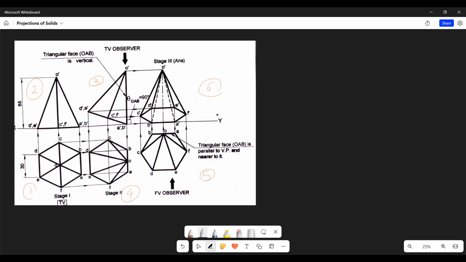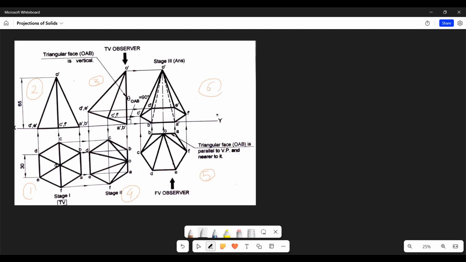Now we see a hexagon in one view and a triangle in another view. It means that it is a hexagonal pyramid. Since this is a triangle, it is a pyramid. Had it been a rectangle in the front view, we would have said that it is a hexagonal prism.